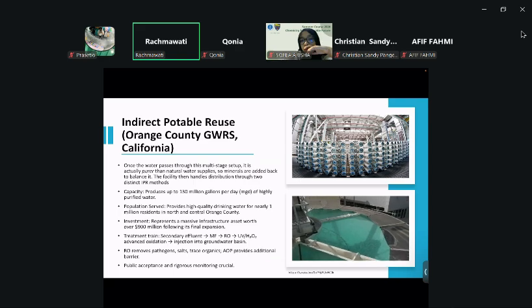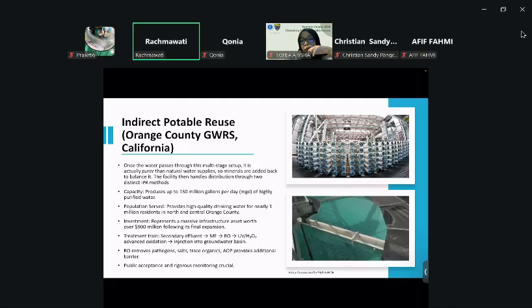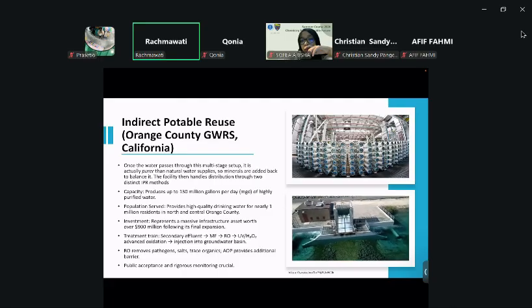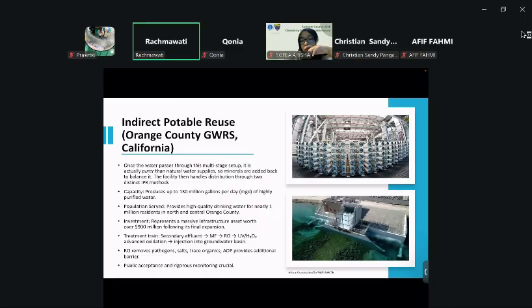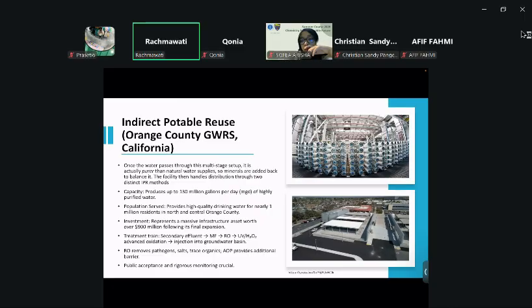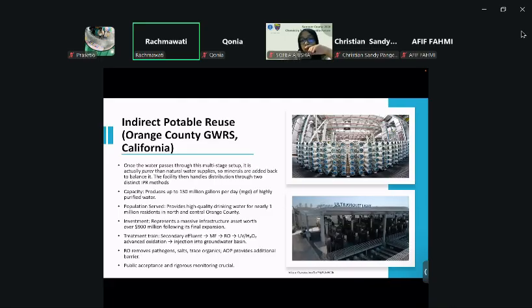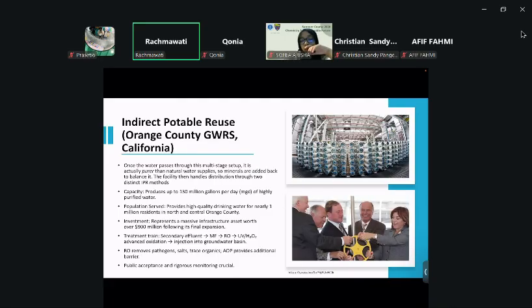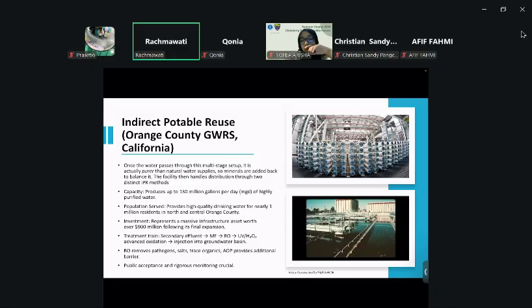GWRS water is so pure that minerals are added back in prior to distribution. The result? A new source of water that is superior to all state and federal drinking water standards. The GWRS is the world's largest advanced water purification system for potable reuse. Operational since 2008, the history of this world-renowned facility goes back much further. Water Factory 21, so named because of its pioneering technology from the not yet experienced 21st century.